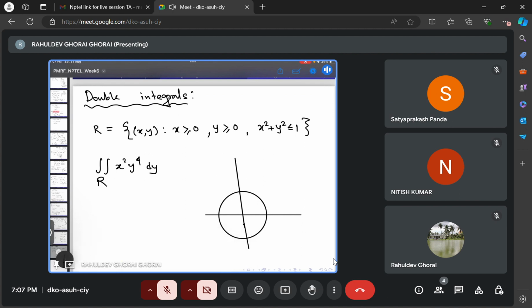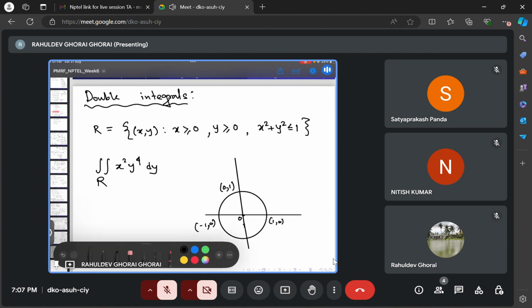It is a circle like this, with the origin, the points (1, 0), (0, 1), and (-1, 0). The whole disc is the domain for x square plus y square less than or equal to 1.